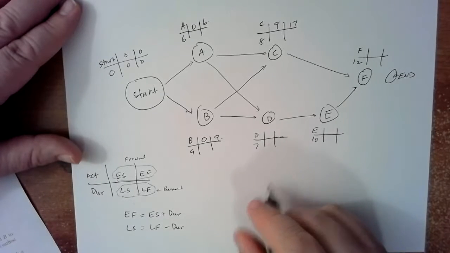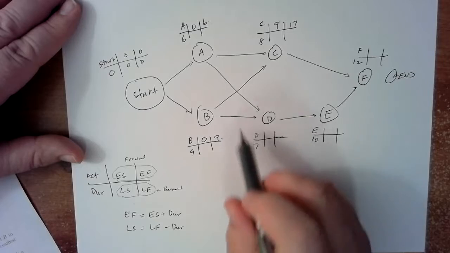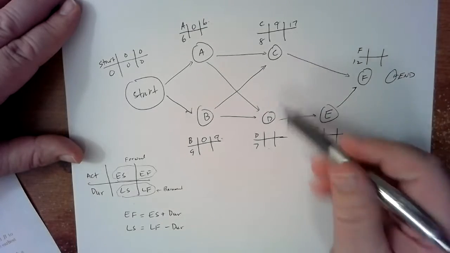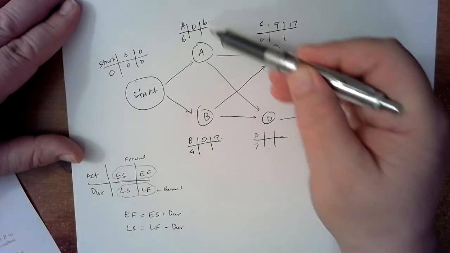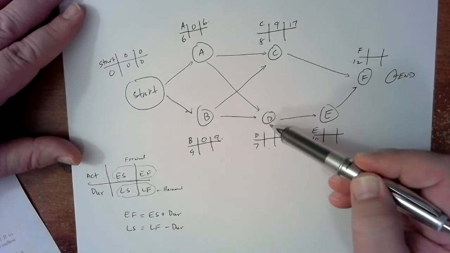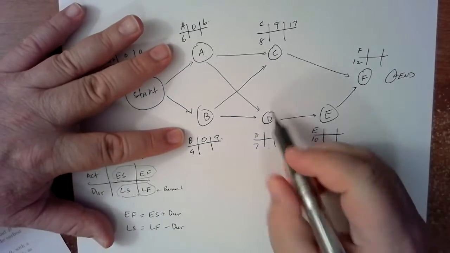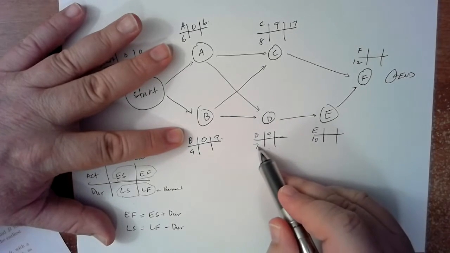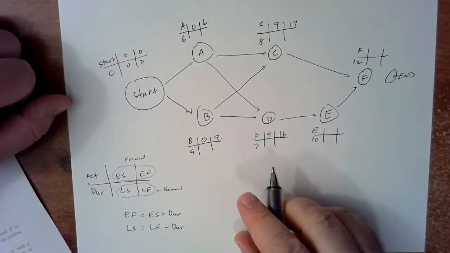You see how that works? How about activity D? It depends on A and B being finished. So just like our previous analysis, A finishes at time 6 at the earliest, B finishes at time 9, so therefore D has to wait until 9 before it can start. And so 9 plus 7 is 16, and that is the earliest time it can finish.